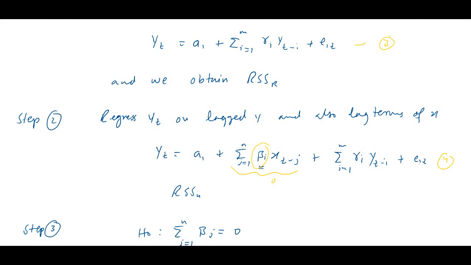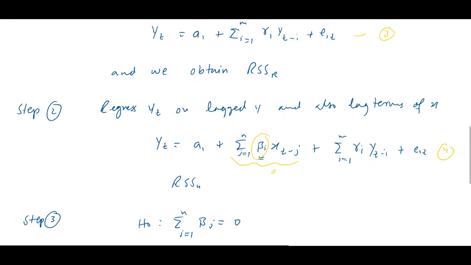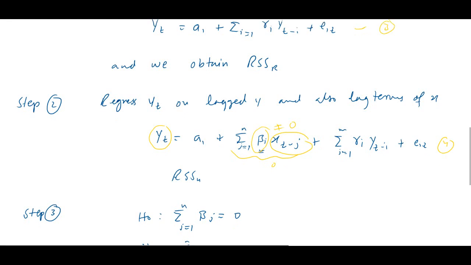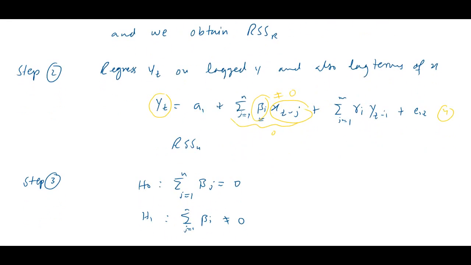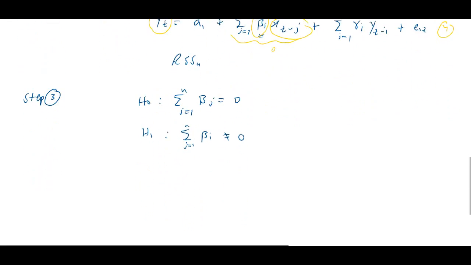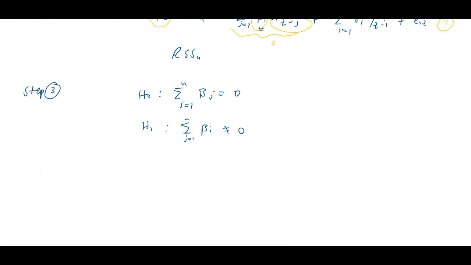But if the residual sum of square is not identical, then it means the two equations are not identical, and if the two equations are not identical, beta i will not equal 0, and in that case xt will be causing yt, the lag terms of xt will be causing yt. So in step 4 we write our basic equation. Here is our step 4.